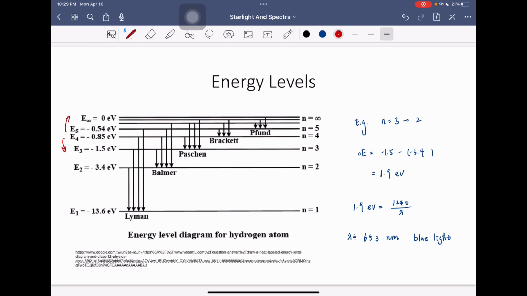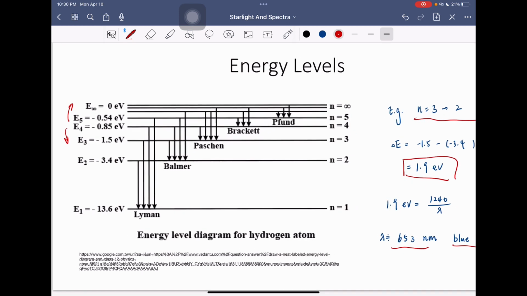For example, an electron transits from n equals 3 to n equals 2. The difference in energy is 1.9 eV, and the corresponding wavelength is about 653 nanometers, and it's red light.